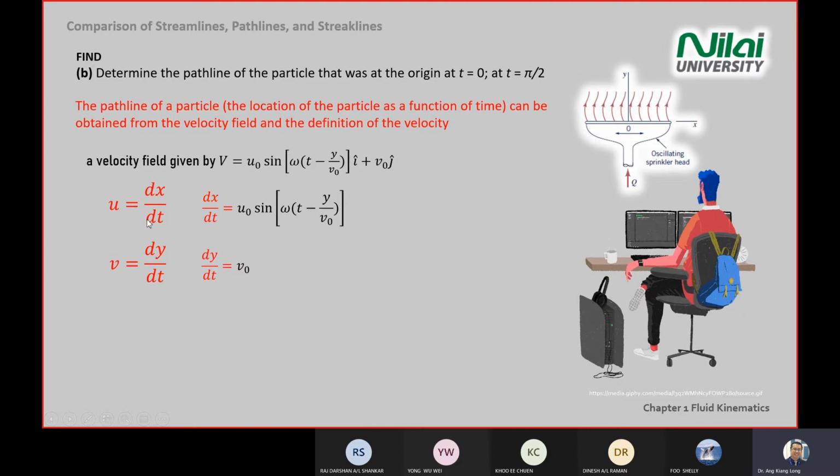Once you have this, combine with the velocity field information, you combine these two, you have your dx over dt, dy over dt. This is the differentiation equation. Once you get the differentiation equation, the following step is always the same, which means you continue with the integration steps.